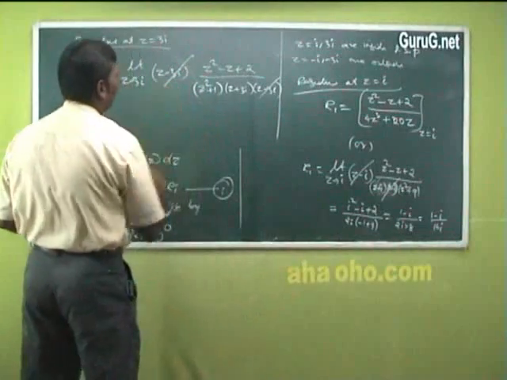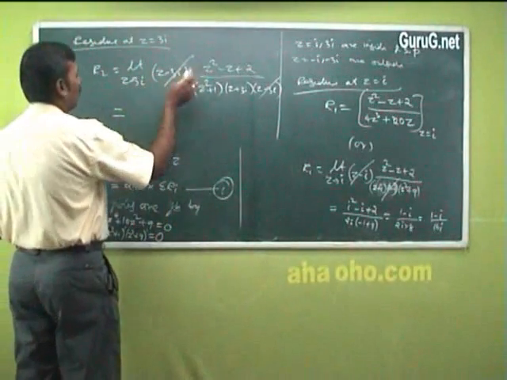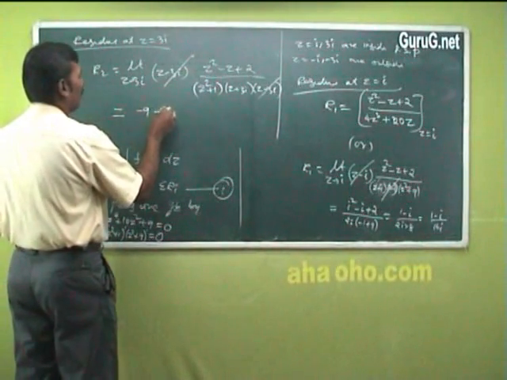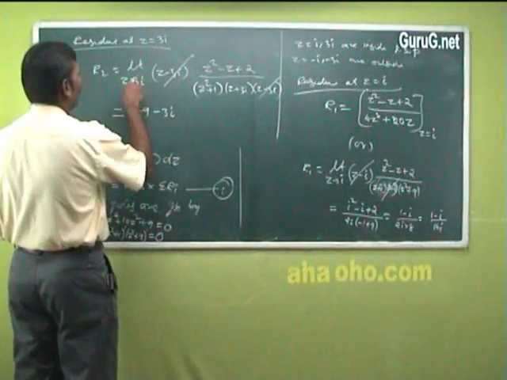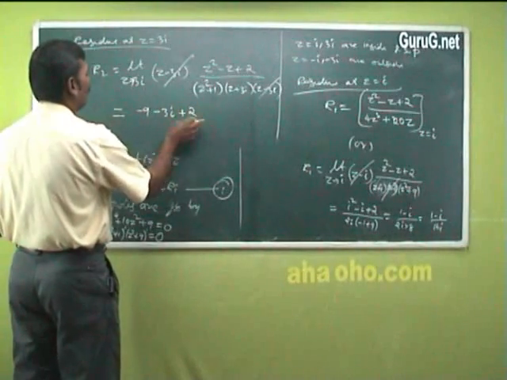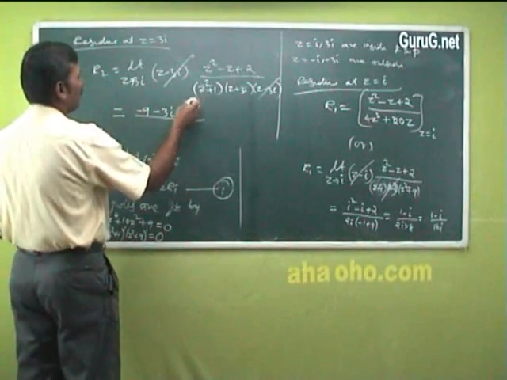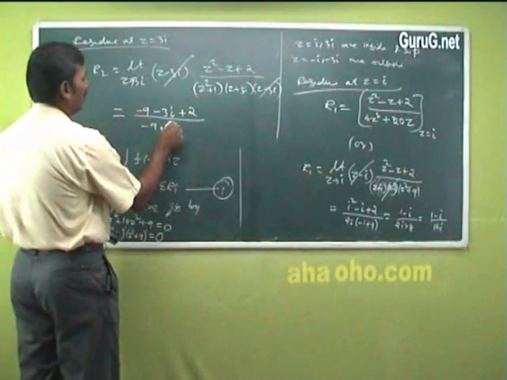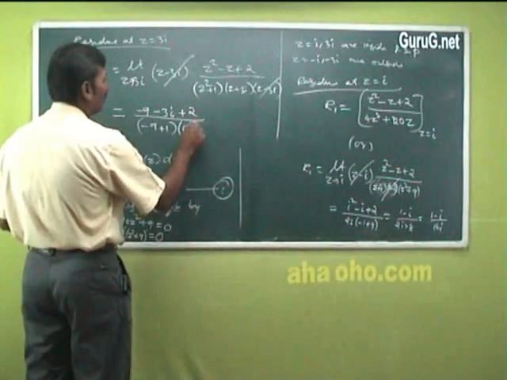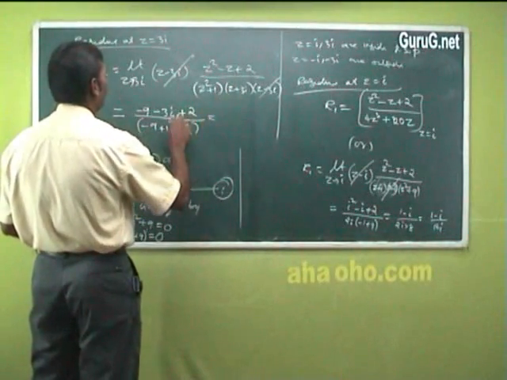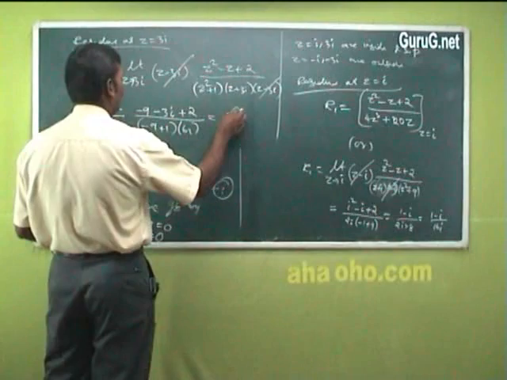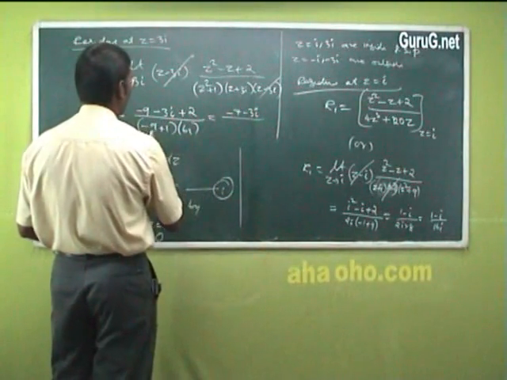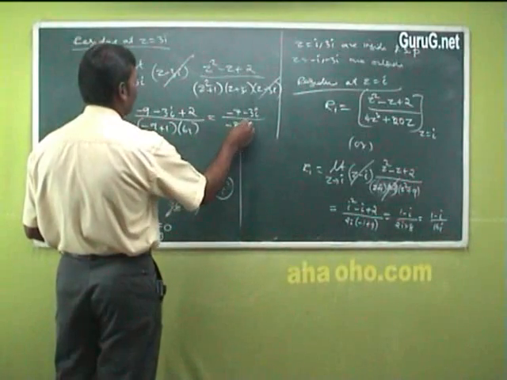This will get cancelled. Now substitute the point 3i: minus 9 minus 3i plus 2, over minus 9 plus 1 into 3i plus 3i, which is 6i. So minus 7 minus 3i by minus 8 into 6i.